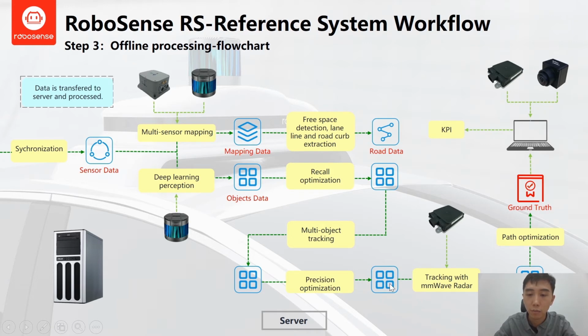During these operations we also have multi-object tracking, and we do this twice. First here, and the other part here. We do the tracking again after the optimization of the detection, and also here we fuse the radar data. Finally, we can give an optimized path of all the objects on the ground.